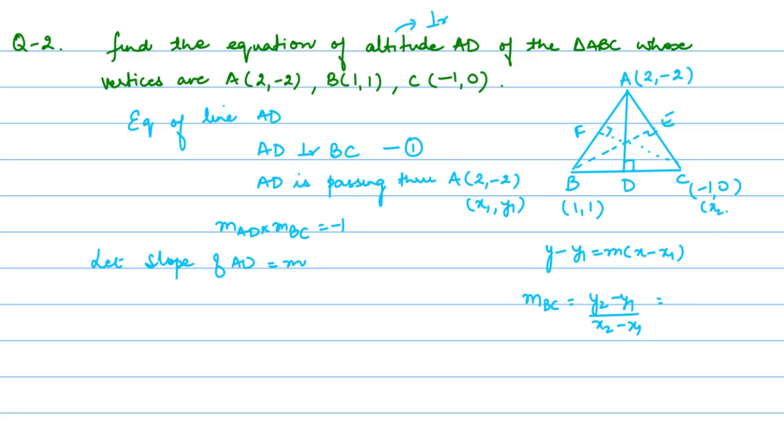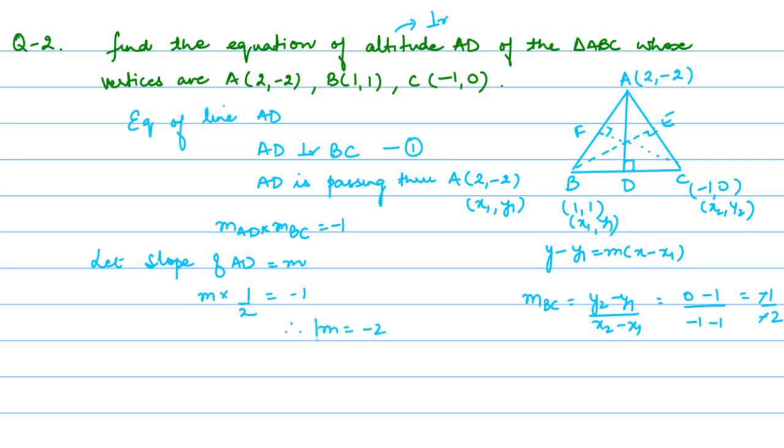Let's say this is x2, y2, this is x1, y1. So what is y2? 0 minus 1 upon minus 1 minus 1. Minus 1 upon minus 2, 1 by 2. Now let's put these values. Slope of AD is m and slope of BC is half, should be equal to minus 1. Therefore what is m?